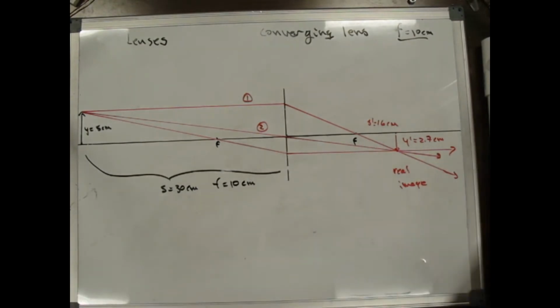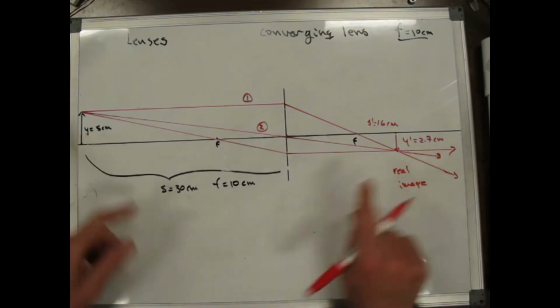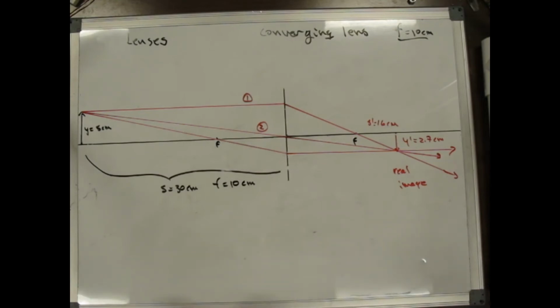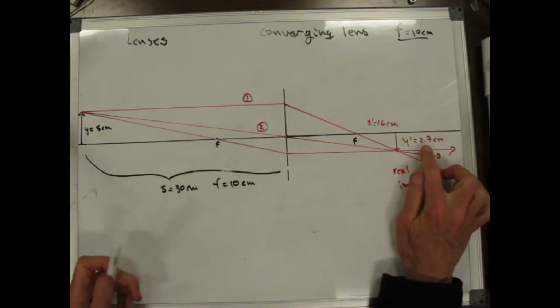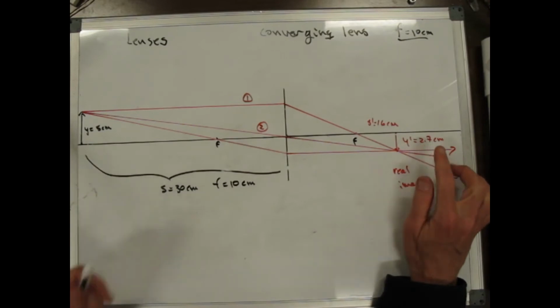Something like that. And so we can calculate all this. This gives me a magnification of a little less than 2. Sorry, a little less than 0.5, a little more than 0.5. It's 2.7 over 5. It's a little more than a half.